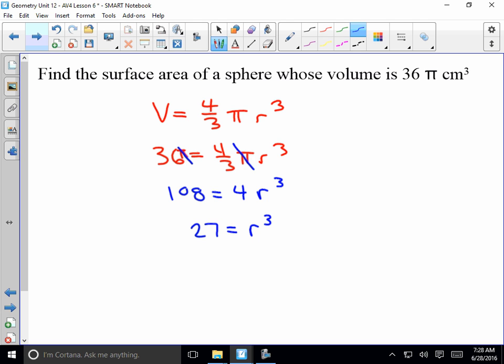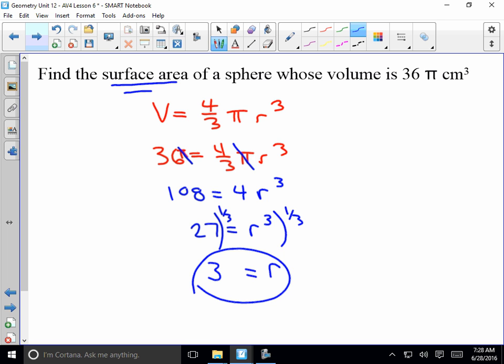Okay, now you've got two options here. You can guess and check what values, but remember we talked about before how you can get rid of the cube by using that 1/3 exponent on both sides. And we get a radius of 3. Now, you want to be careful. You're not done here yet. We found the radius, but now we have to go back and find the surface area of the sphere.